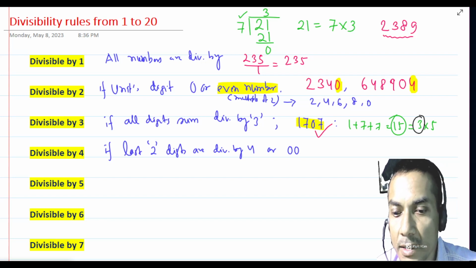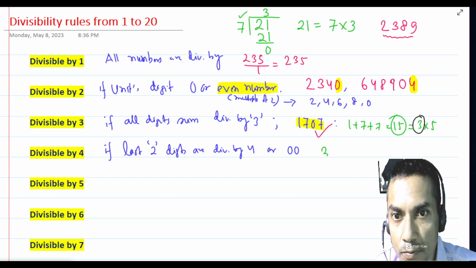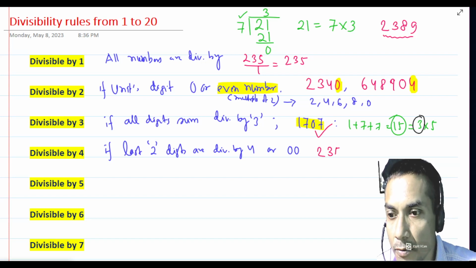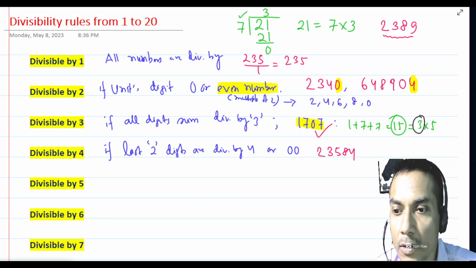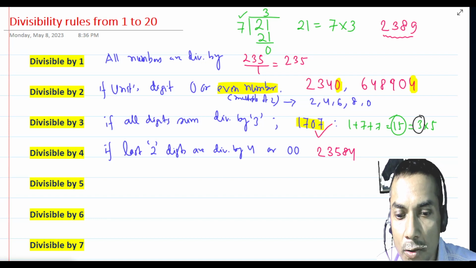If we consider 23584, how can you check whether it is divisible by 4 or not?